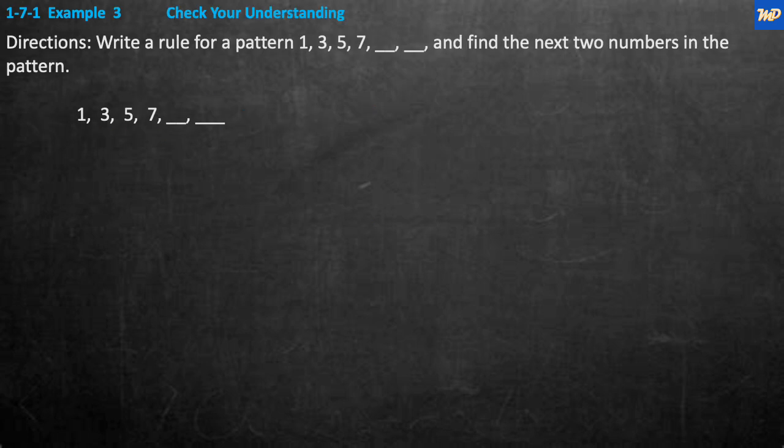Example 3, check your understanding. Write a rule for the pattern 1, 3, 5, 7, and find the next 2 numbers in the pattern. So it appears that we're starting with 1, then 3, 5 plus 2, and so on. We start with 1, and then what do we get?